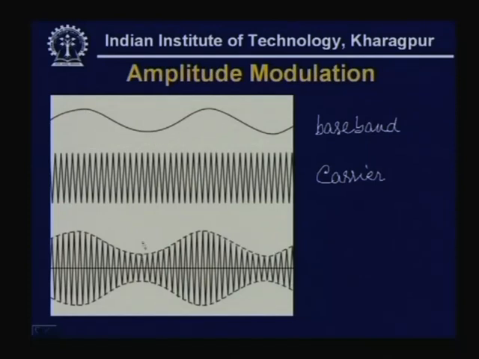That means, now here the amplitude is maximum, and here it is minimum. So, we get a carrier frequency with time varying amplitude. This is known as the modulated signal. So, here you get the modulated signal, and how it is done we shall discuss.